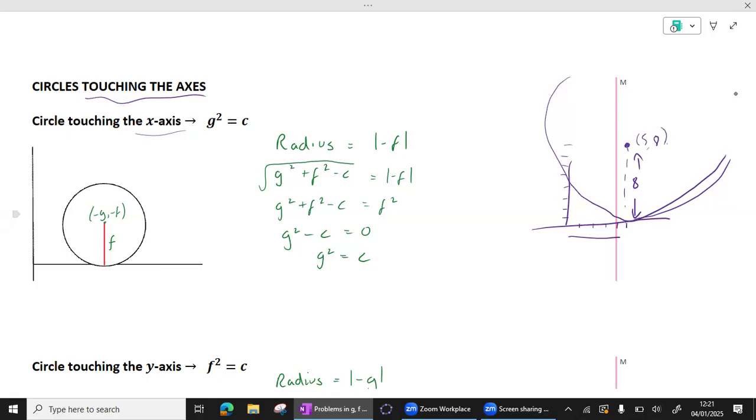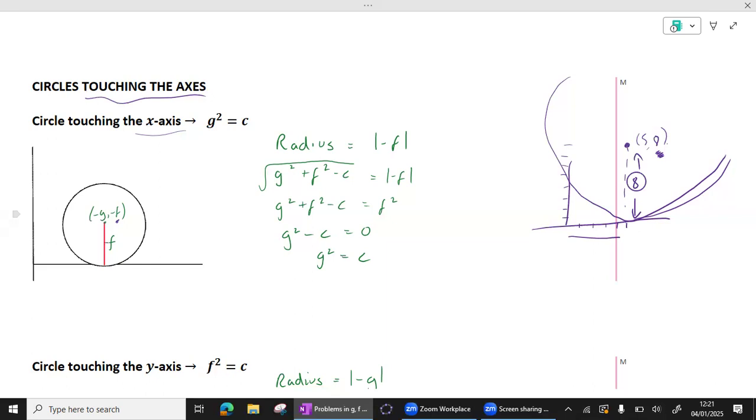Like g might be -2, so it would be minus -2, which is 2. I'll explain that more in the calculation in a sec, but because the center is (minus g, minus f), just like over here, it's the second number that's the radius.